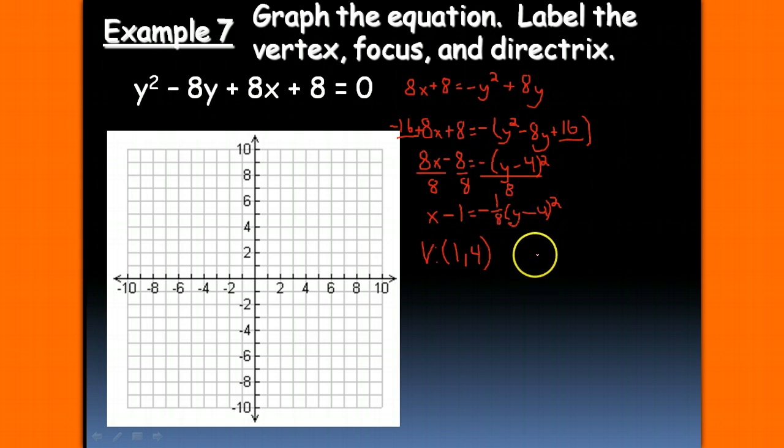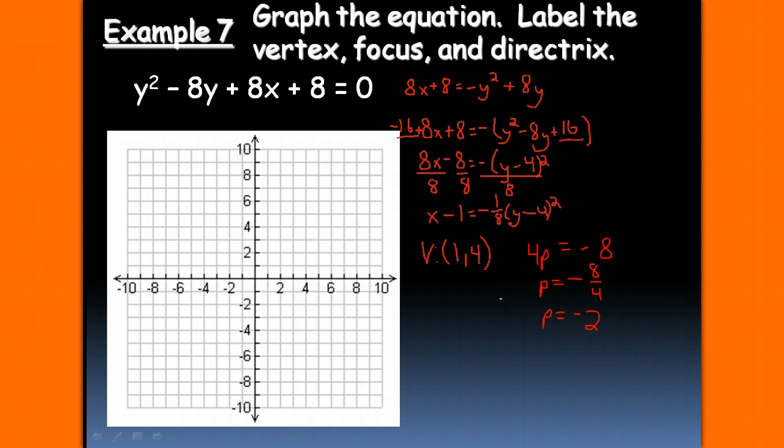Okay, so now we can look at the fact that we know our 4p has got to equal a negative 8, as we've seen before in other problems. We just took that negative 8 right here, because that 1 is going to be constant. So the negative 8 right here is going to go right here, and it's going to be p equals a negative 8 over 4. So p equals a negative 2.